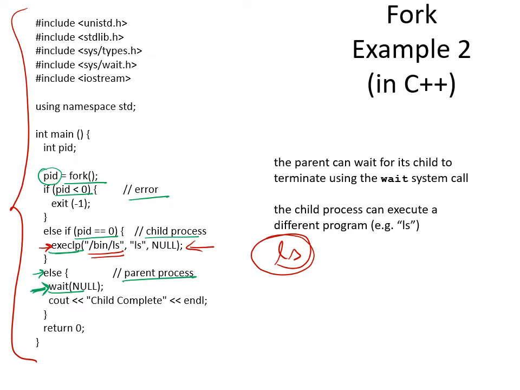So the parent process would be moved to an appropriate wait queue. Whenever this child process finishes, the parent process would be re-invoked and it will start execution from the line immediately following this wait system call, which is basically the cout in this case. So once the child process terminates, the parent process would print child is complete and then the program would terminate.